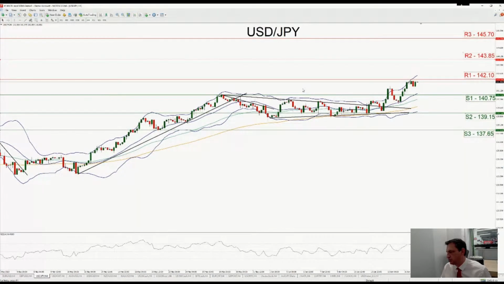The last one, let's reaffirm this, should be 137.65. Yep, that's the case. So let's lock everything in.